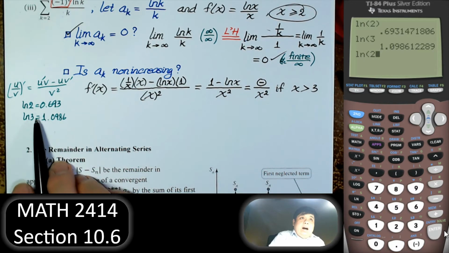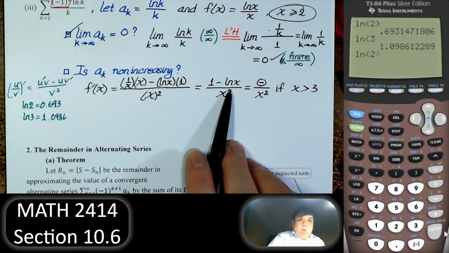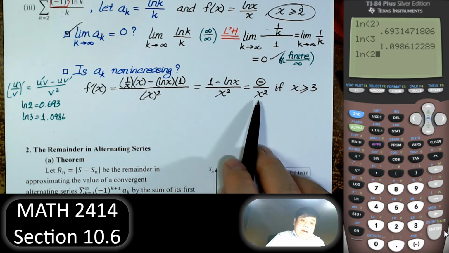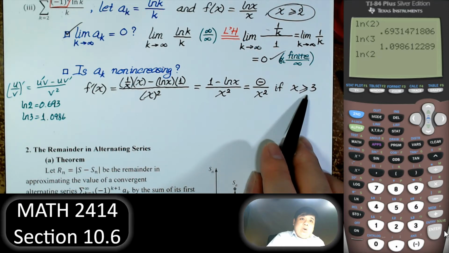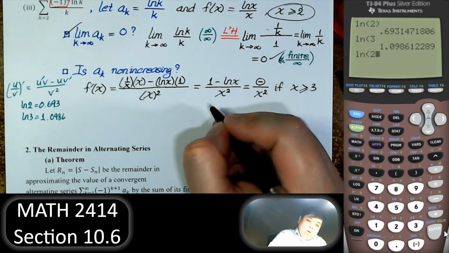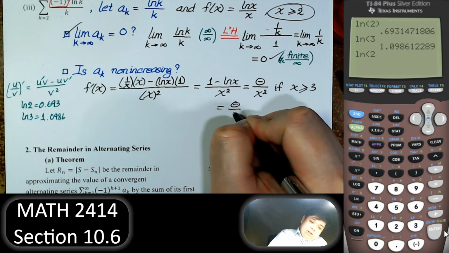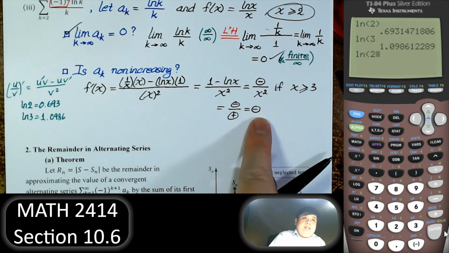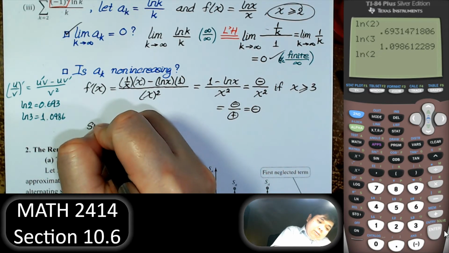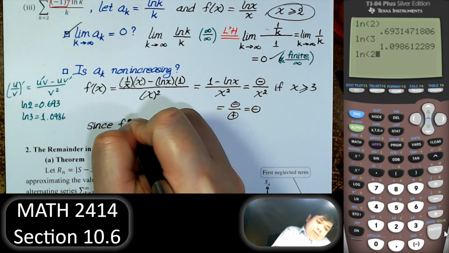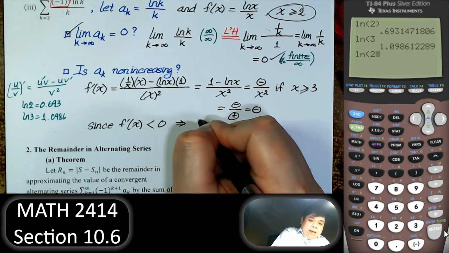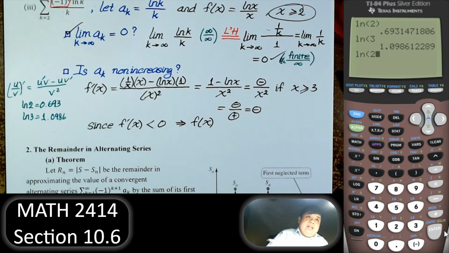Because when x is greater than 3, ln of x is bigger than 1, and 1 minus that is negative. It could be equal to, doesn't matter. And x squared, when greater than or equal to 3, is also positive. So we have negative over positive, which is going to be negative. Now the derivative is negative. That means the function is decreasing.